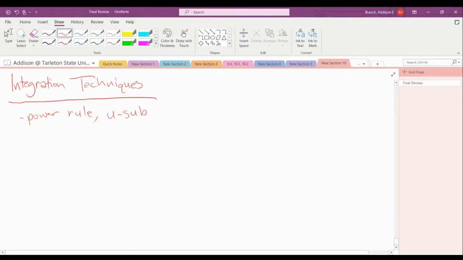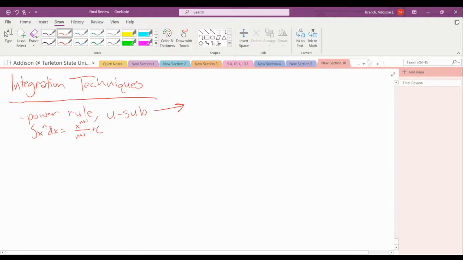Those aren't really that bad to use. Power rule is pretty straightforward. You're just going to take the integral of x^n dx, which will just be x^(n+1) over n+1 plus c.